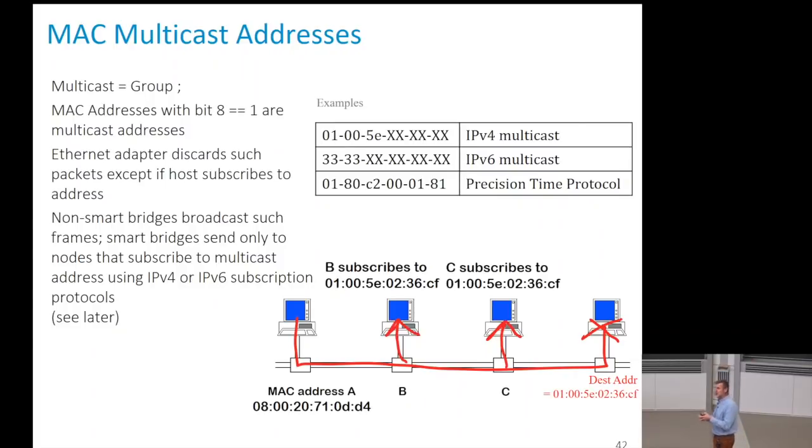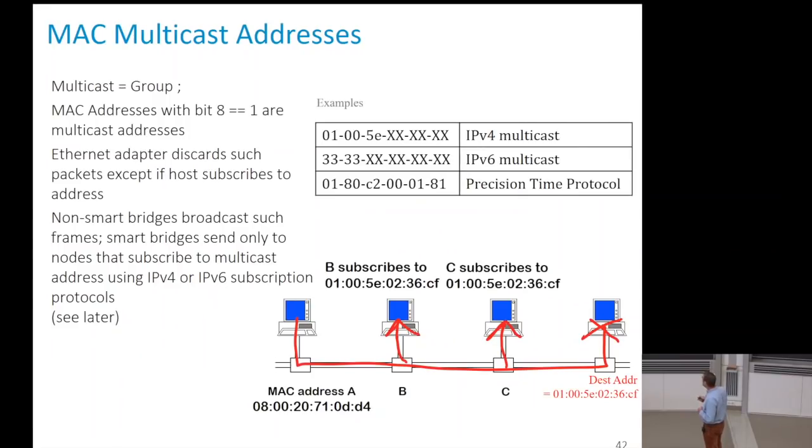For example, if you're a PTP device, you know that you run PTP, you've bought an adapter that is special for PTP, so this one knows by construction that it has to receive the PTP multicast packets. So here, there's no problem. If it's an IPv6 multicast, then the adapter knows by talking to the operating system, so it has to get the information from the IP multicast address here.